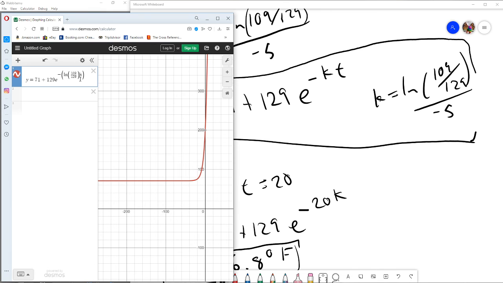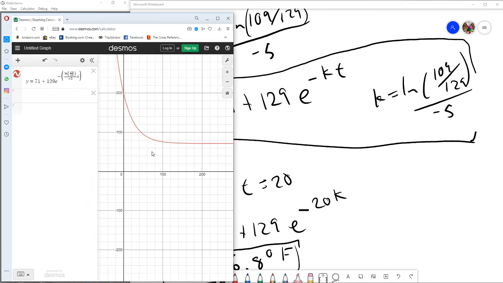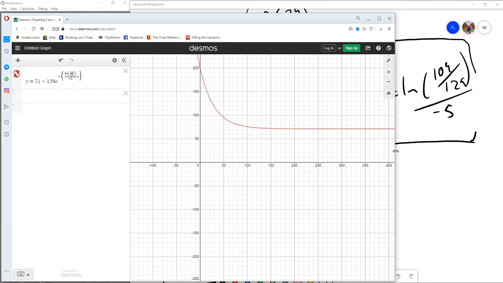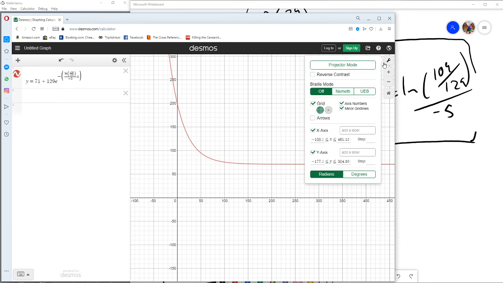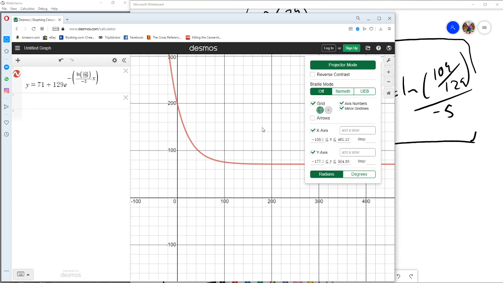Oh, I forgot to divide by negative 5. Divide by negative 5. That'll fix our graph. I forgot the negative 5 right here. That's funny. Alright. So now let's make our graph bigger. Let's go ahead and turn on projector mode so we'll see it a little better.